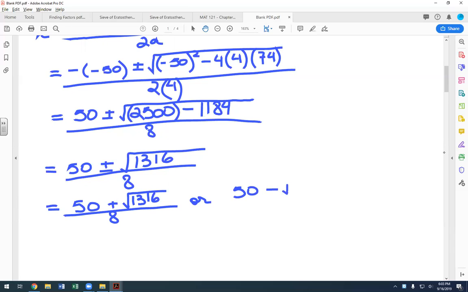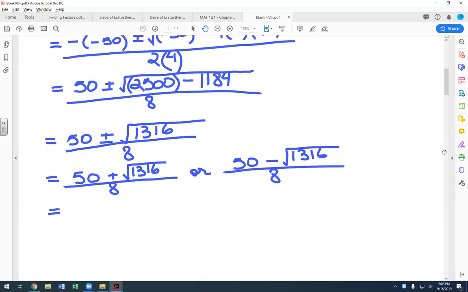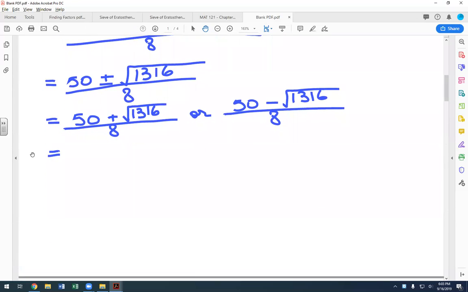So 50 minus the square root of 1316 divided by 8, and what will those 2 answers come out to be? And then we're going to have to decide out of the 2 answers which one actually works for our particular example.